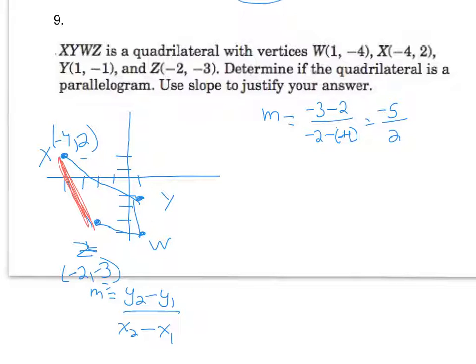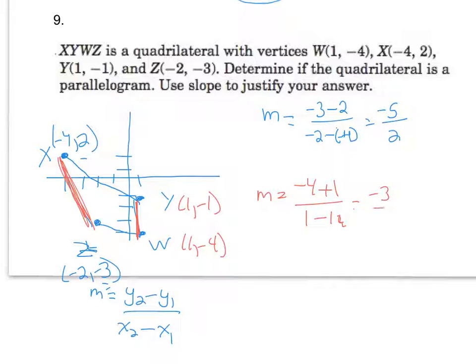So let's look at the slope of Y and W. It's pretty easy to see that it is straight up and down, but we can certainly plug it in. So this is 1, negative 1, and W is 1, negative 4. So this is negative 4 minus negative 1, which is plus 1, over 1 minus 1.